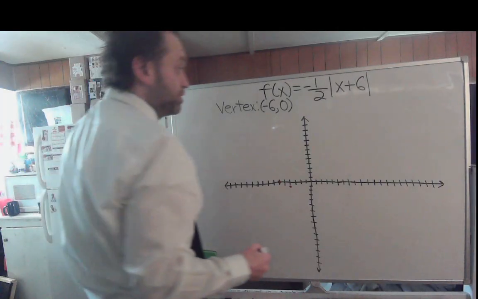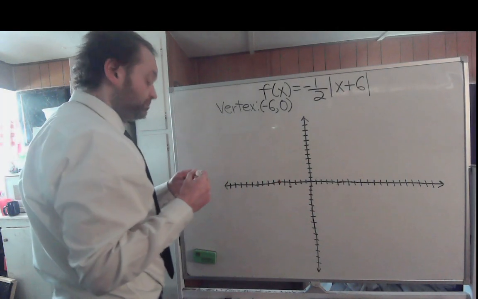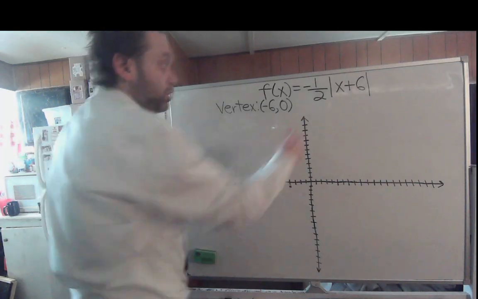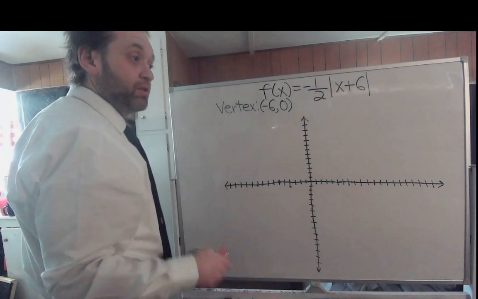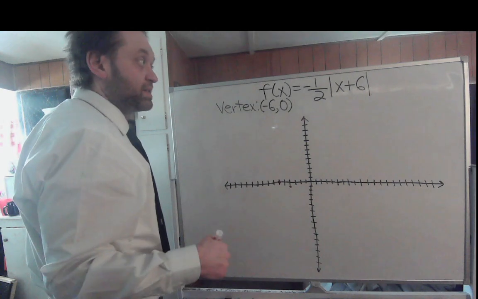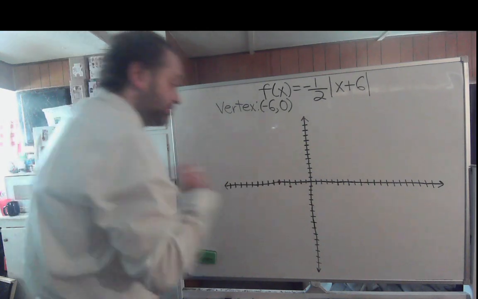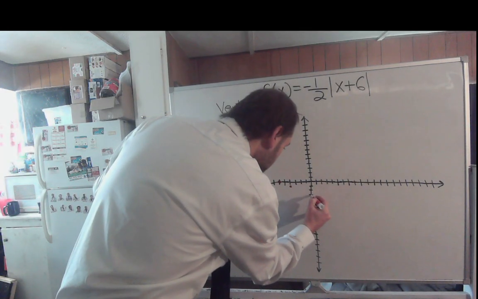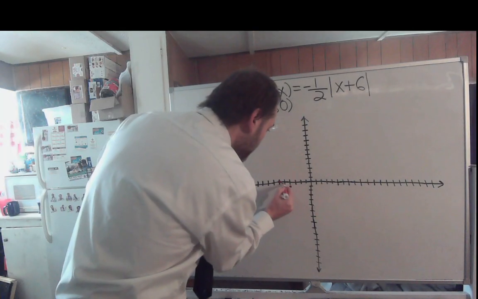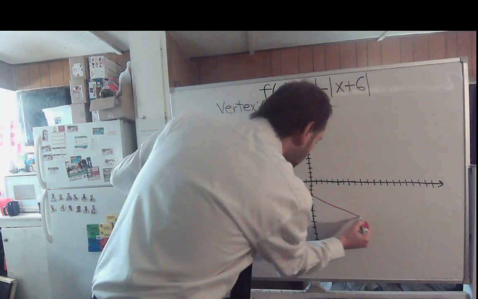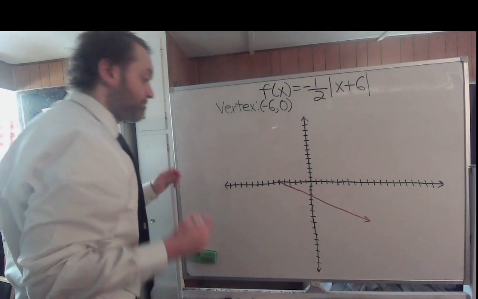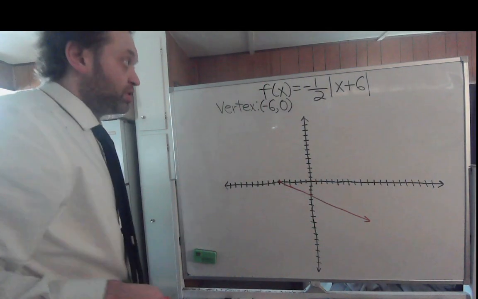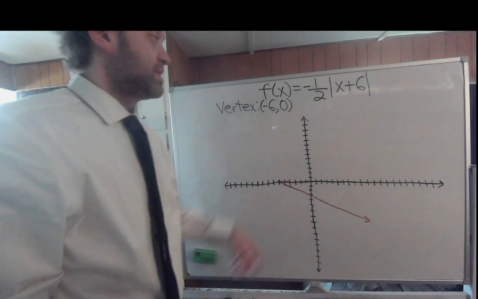Let's say I put in 0 for x. 0 plus 6, the absolute value of 6 is 6, times negative 1/2 will give you negative 3. So now I can go ahead and start graphing this way. Alright, let's put in negative 8 for x.